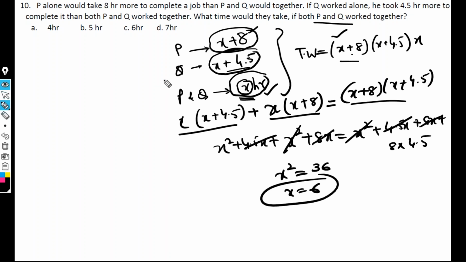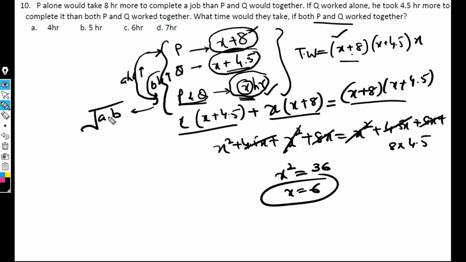In these kind of questions, this is a specific case, guys, please keep in mind. If it is given to you that working alone, one person can complete a work in A hours more, and the other person can complete the work in B hours more, then the time taken by the two together to complete the work is always going to be the square root of the product of A and B. So instead of going through all these equations, we can straightaway go for the square root of 8 into 4.5, which is square root of 36, which is 6.